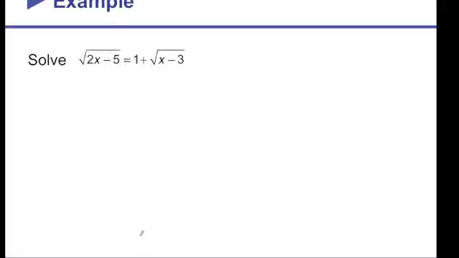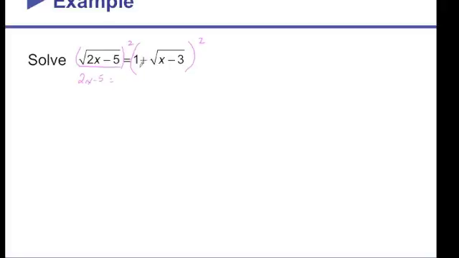Here's another one of those to solve, but notice this time we've got two radicals. This radical is isolated, so we're going to start by squaring both sides. And notice we're squaring the entire side over here. Now the square root of 2x minus 5 squared is 2x minus 5. That's nice.